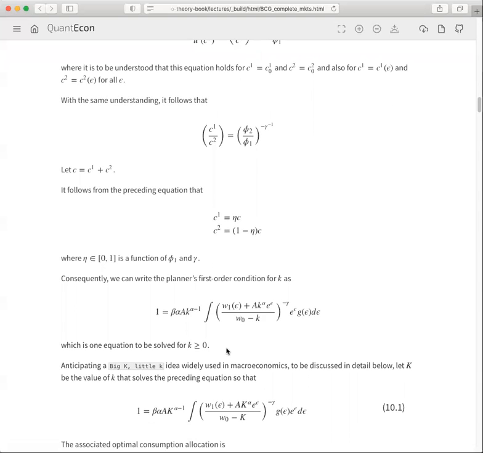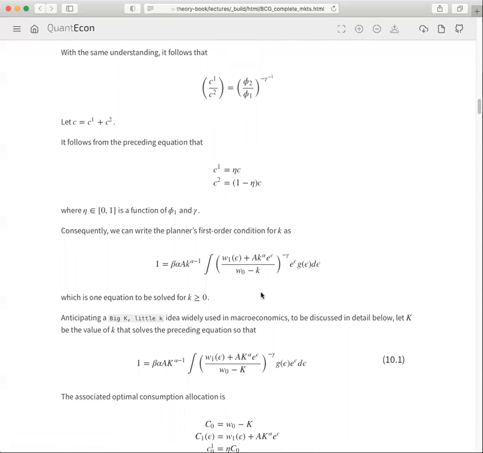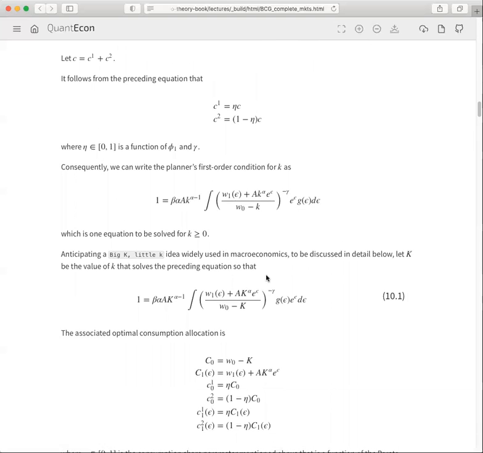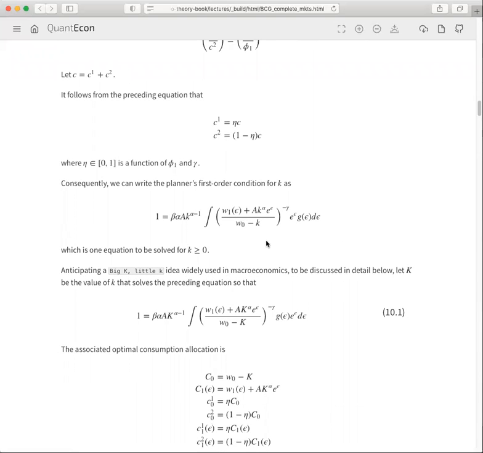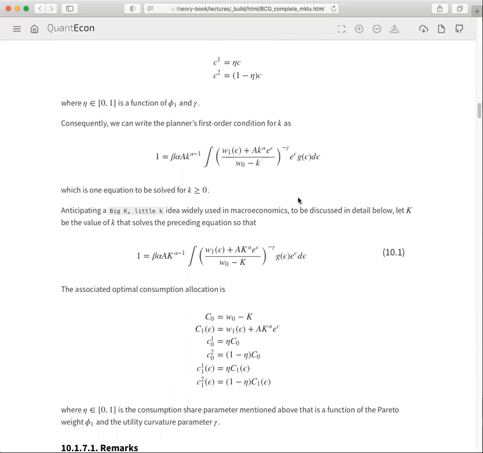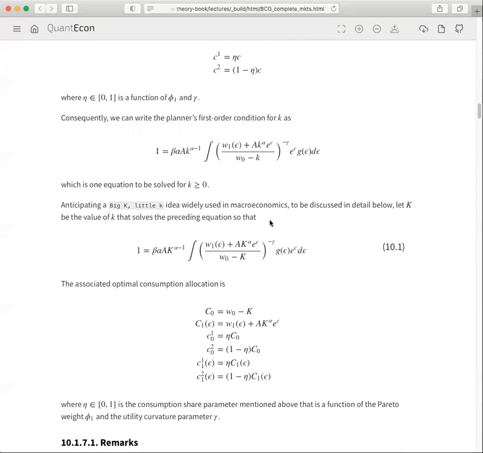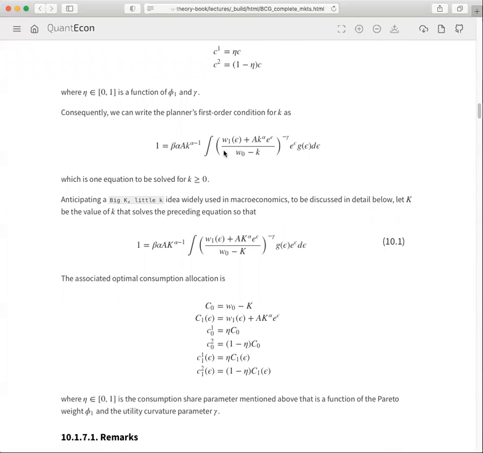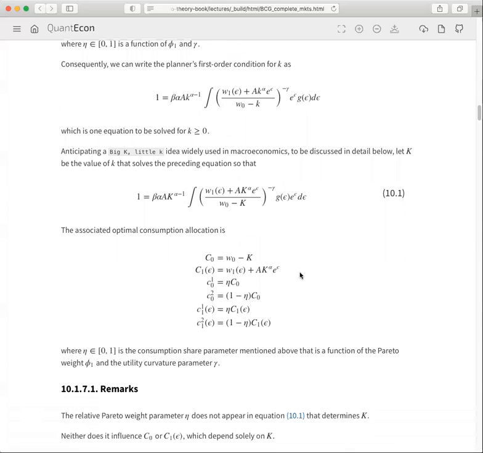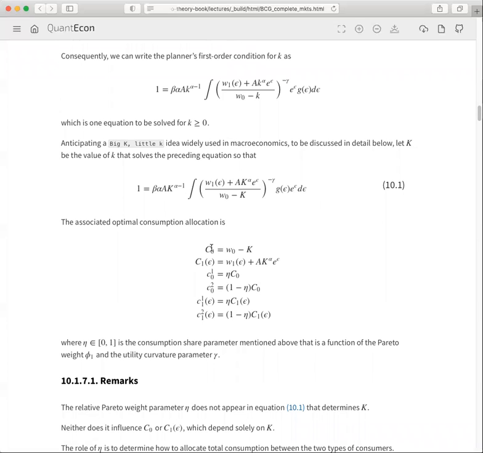So that's one equation in K, and I'm going to switch to big K now, because all of this was the planner choosing things. So I'm just going to copy this equation and write it with big K, and then I'm going to have big C's and big K's. Here's how I'm going to solve the planning problem. I'm going to have a big K that I get from here.